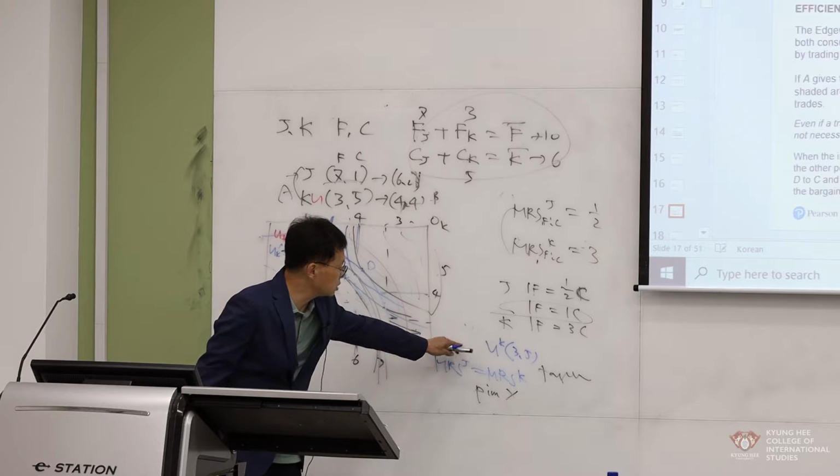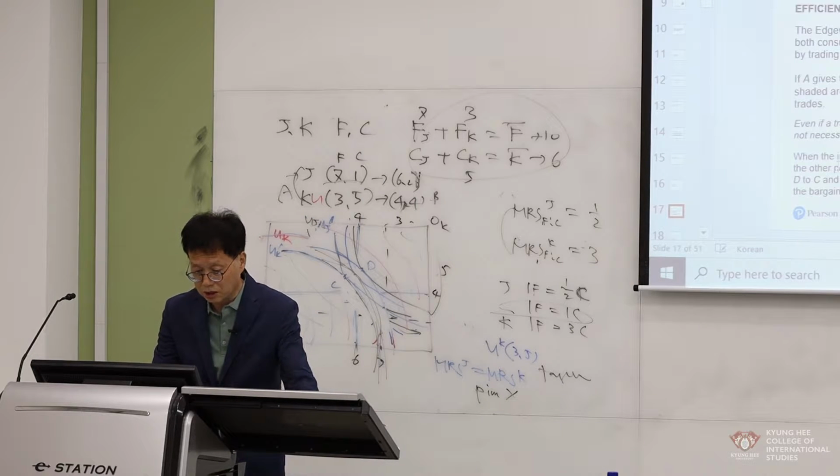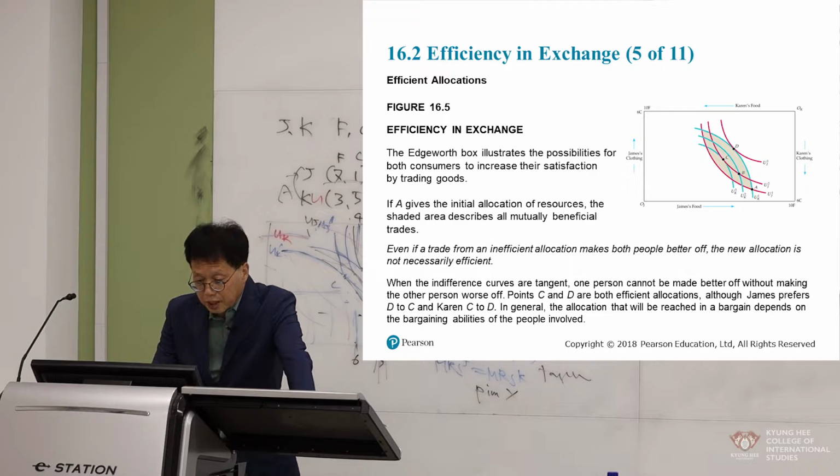That is efficiency in exchange, okay? If A gives the initial allocation of resources, the shaded area I already explained, right? Points C and D are both efficient allocations, although James prefers D to C, and Karen prefers C to D, right?